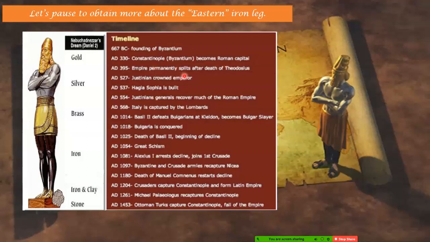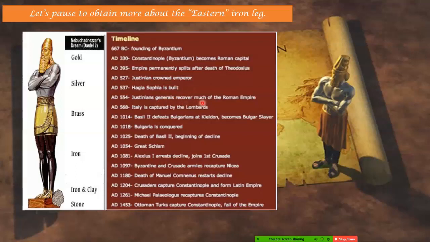Empire permanently splits after the death of Theodosius. Justinian crowned emperor. Hagia Sophia is built. Remember, that was that church that was recently converted to a mosque.